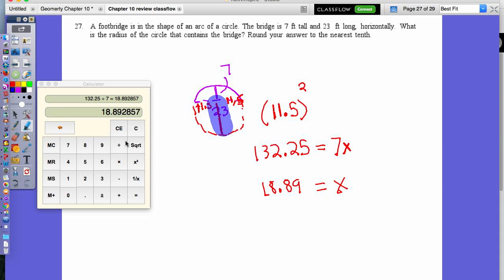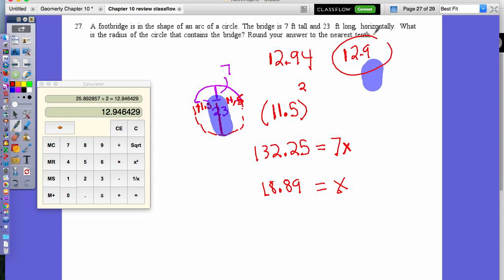When I added the top part of the chord, I got that the whole thing, the diameter, was 25.89. They wanted the radius, though. And I got that the radius was 12.94, to the nearest tenth, 12.9.